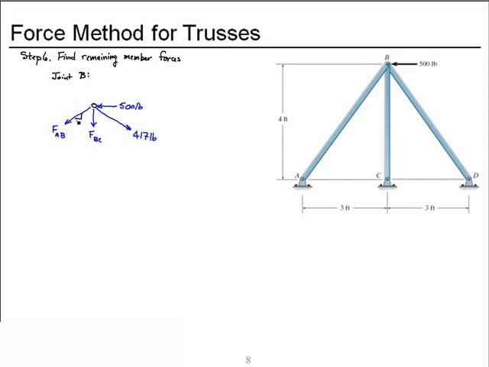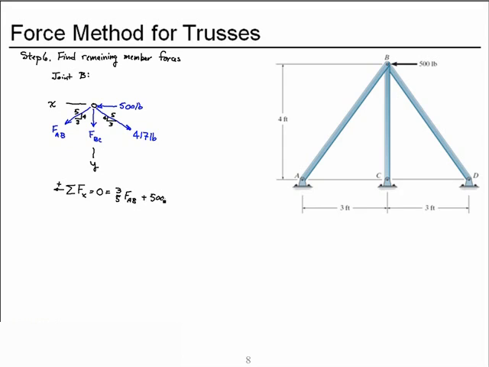But we know our geometry here is such that this is a 3, 4, 5 and this is a 3, 4, 5, describing the angle or slope of those members. We'll take down as the y-axis, to the left as the x-axis, and sum forces in the x direction first by this coordinate system. To the left will be positive, and so we'll take 3/5 of the force in member AB, and that's a positive contribution.